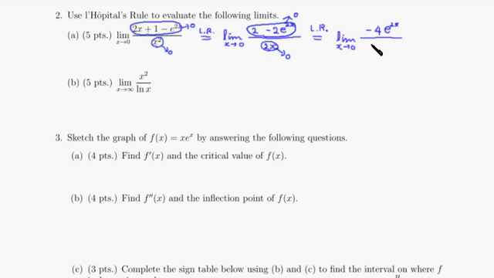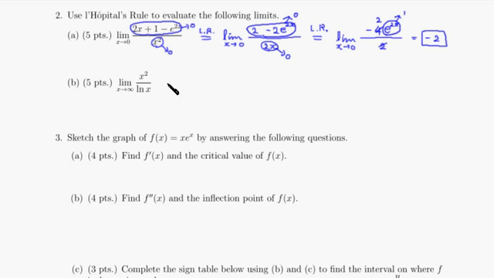The derivative of 2x would be 2, and the 2 and 2 cancel out, so you have 2 left over. Then plug in 0. e to the 0 is 1, so this is going to be equal to negative 2 times 1, so it's negative 2. So that's part A.